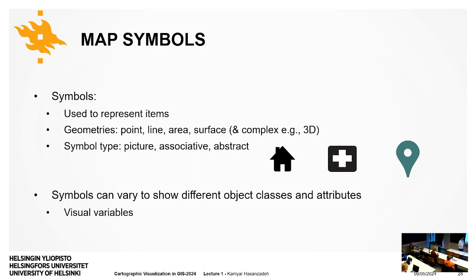But there might be a culture where this may not say much. If you put a cross, it may not represent a hospital, for example. Or if you're mapping worship places, you should visualize it differently in different contexts. So when choosing symbols, you should think a bit about the context and the cultural background of the people for whom you're making the map.